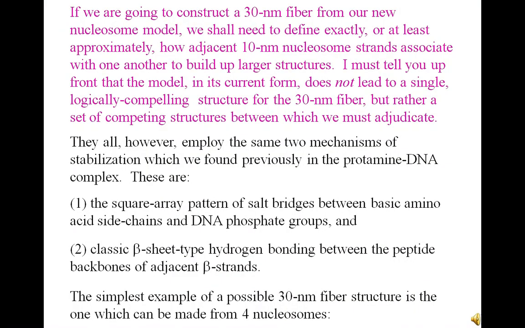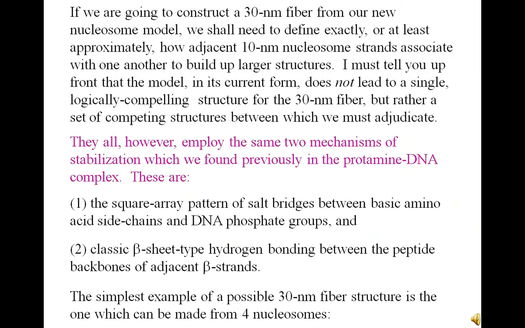If we are going to construct a 30 nanometer fiber from our new nucleosome model, we shall need to define exactly, or at least approximately, how adjacent 10 nanometer nucleosome strands will associate with one another to build up larger structures. As I mentioned in the introduction to this section, the model in its current form does not lead to a single logically compelling structure for the 30 nanometer fiber, but rather a set of competing structures between which we must now adjudicate.